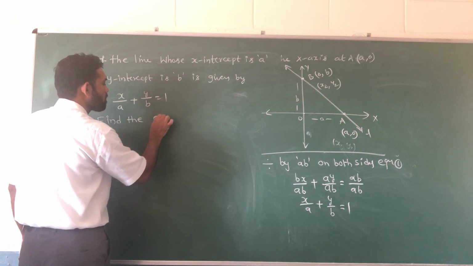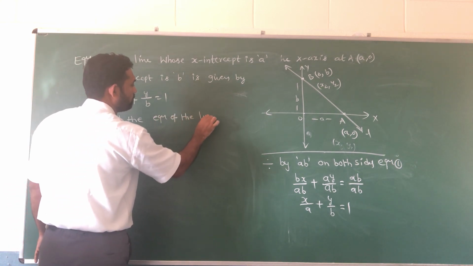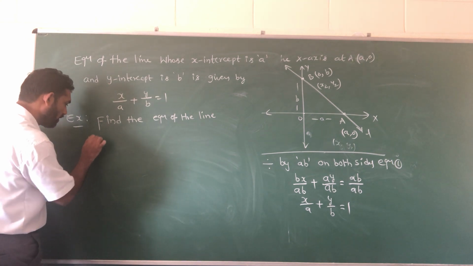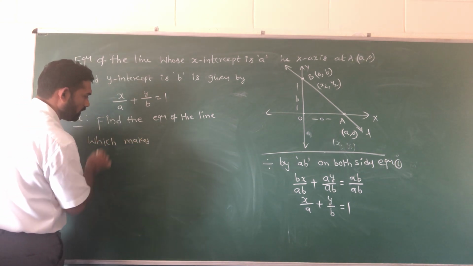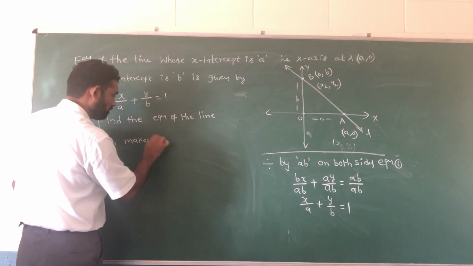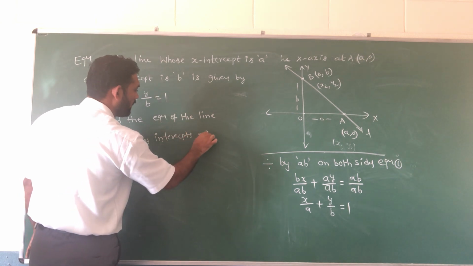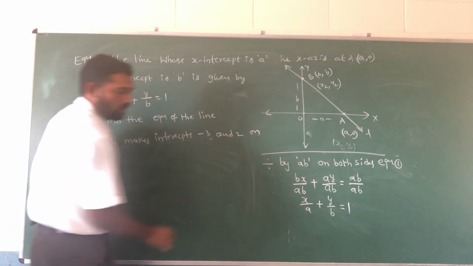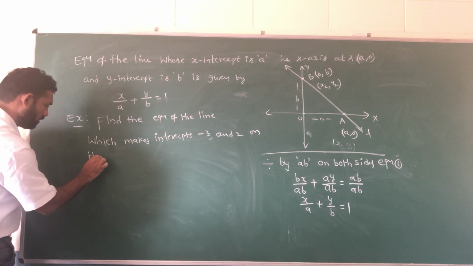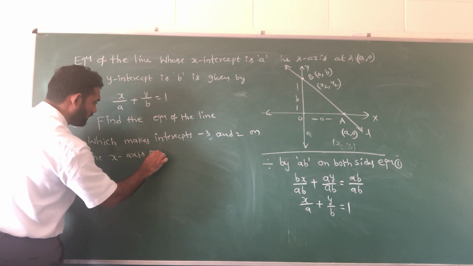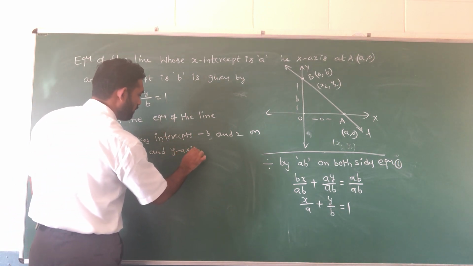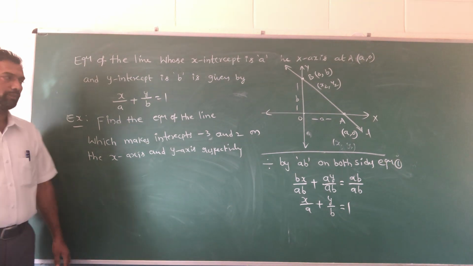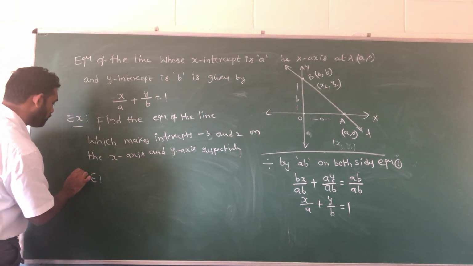Find the equation of the line which makes intercepts minus 3 and 2 on the x-axis and y-axis respectively. So write the solution.